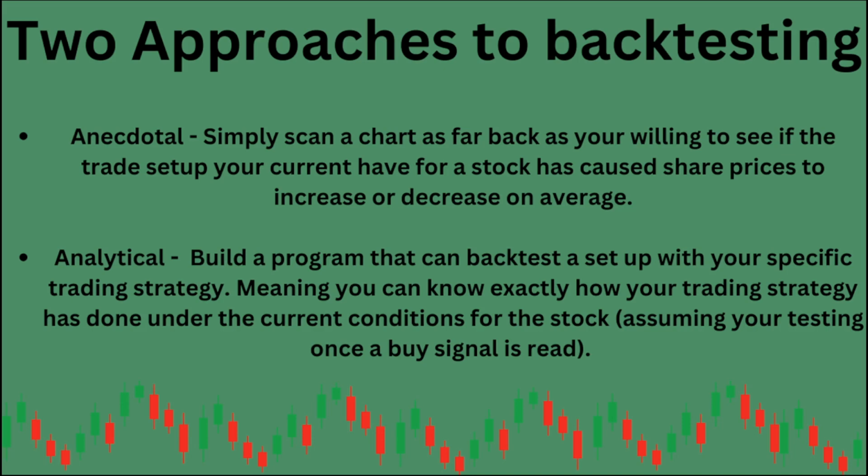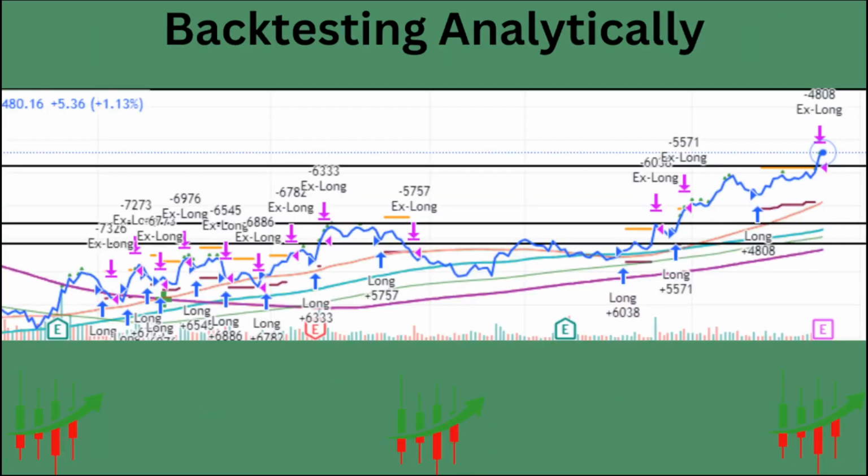So I would always recommend you do a more analytical backtest. It's just simply more reliable and easier as well. And there are actually bots that you can have on your charts that will tell you literally when to buy and when to sell. And you can see that here, right? So this is my bot. This is my momentum bot.